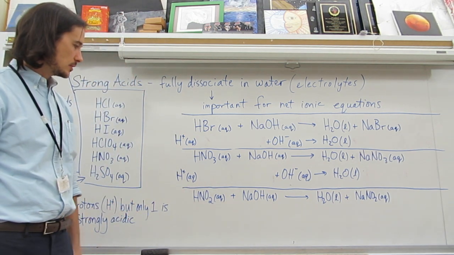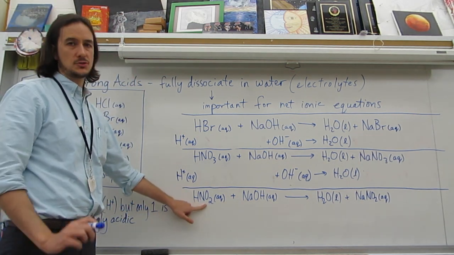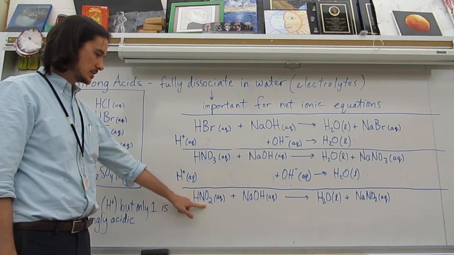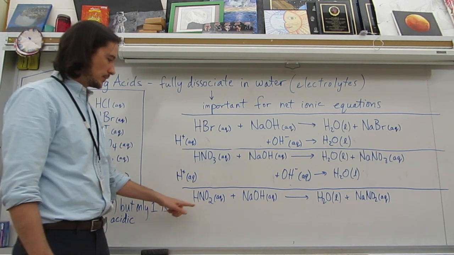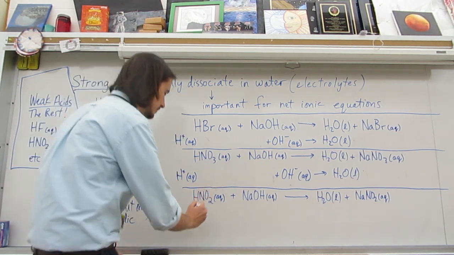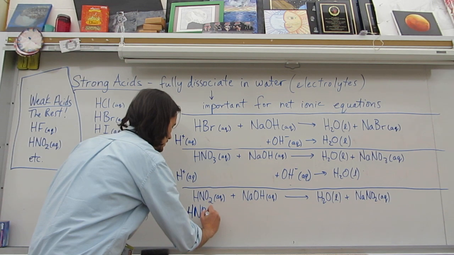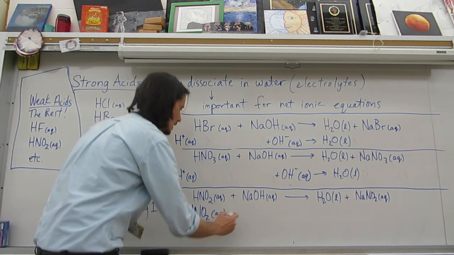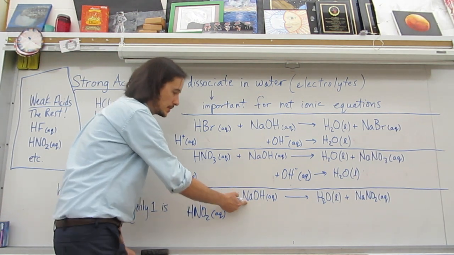Last one is HNO2. HNO2 is not a strong acid. This is a weak acid. It's nitrous acid. So that means we don't break it apart. It does not fully dissociate in water, so we leave it together. Still dealing with a strong base, sodium hydroxide.